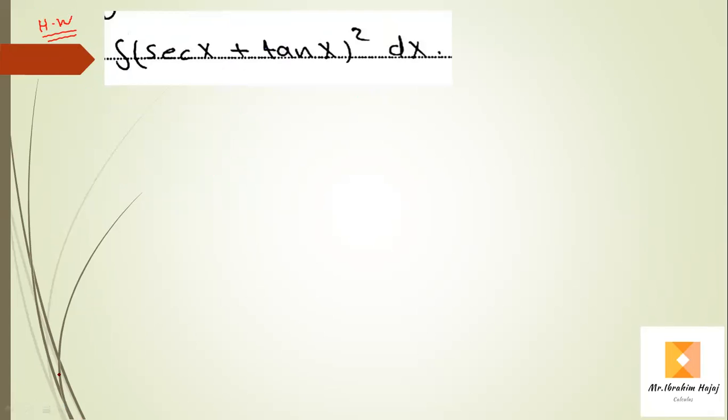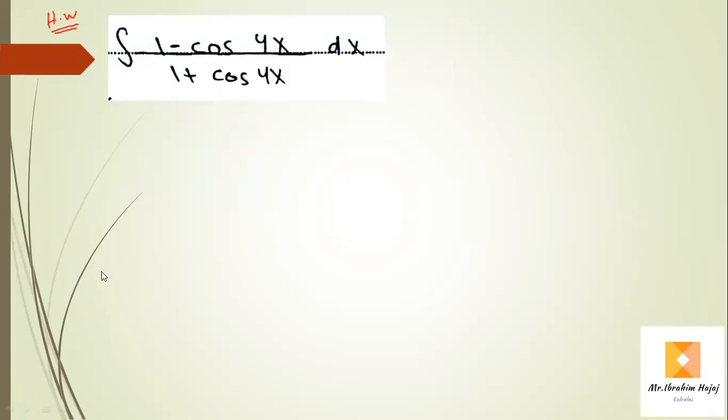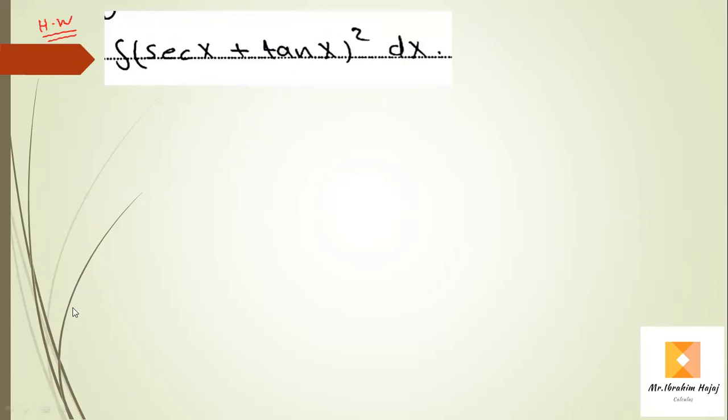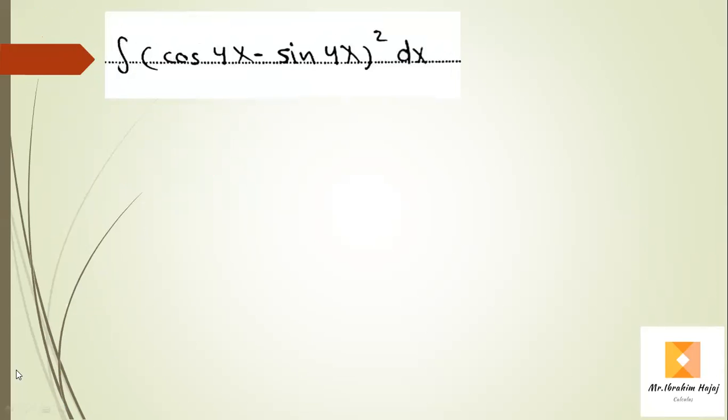And if the questions require any identities, try to use them, no problem. This is the first question, the integral of 1 minus cosine 4x over 1 plus cosine 4x dx. The second question. And the third question.